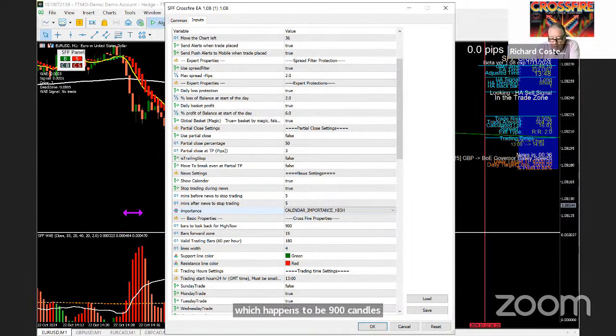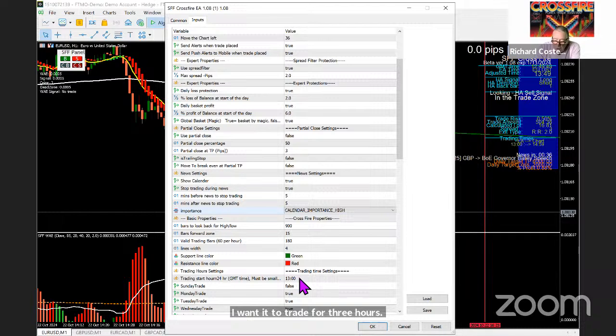I only want it to look 900 candles back. If there's nothing higher or lower, then I want it to draw a horizontal line. Bars forward, the 180 refers to the valid trading bars. There are 60 bars or 60 candles per hour, and I want it to trade for 3 hours, so I've set that to 180.